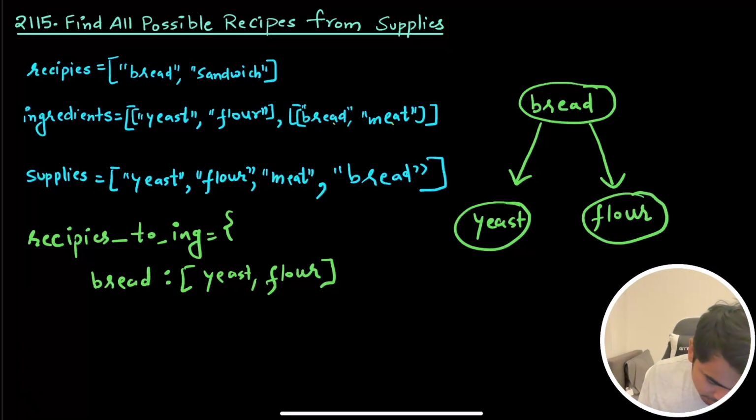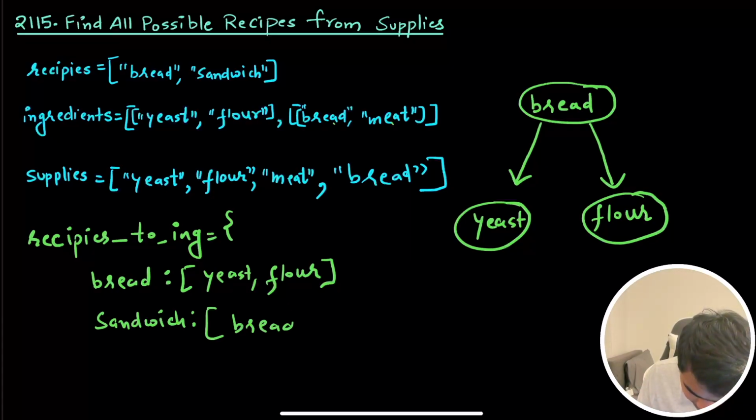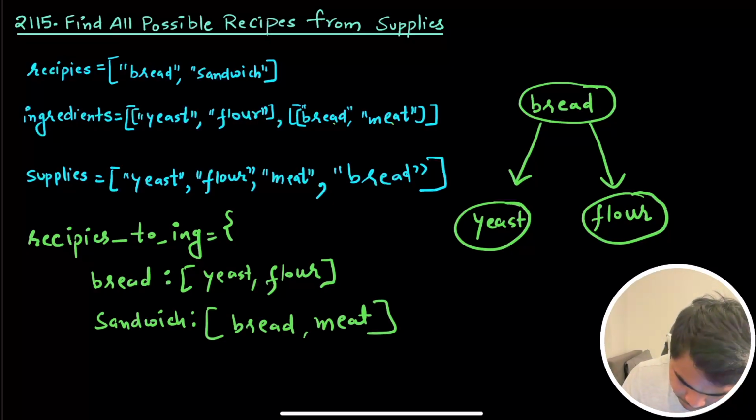Now for our second recipe, it's sandwich. For sandwich, we need bread and we need meat. So I will add sandwich right here.